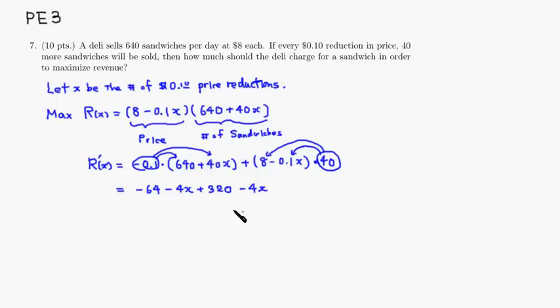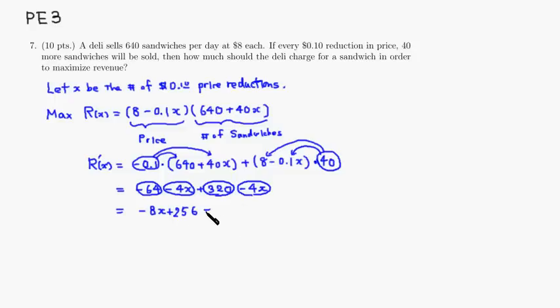Then we collect like terms: negative 4x and another negative 4x is negative 8x, and negative 64 plus 320 is 256.